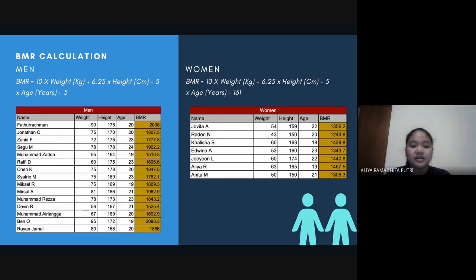So we have to multiply 1243.8 times 1.2, and it equals 1492.56, and it is the total calories needed by her to maintain her normal calories needed.